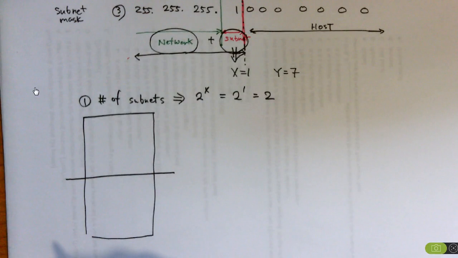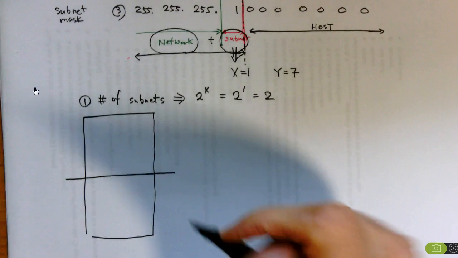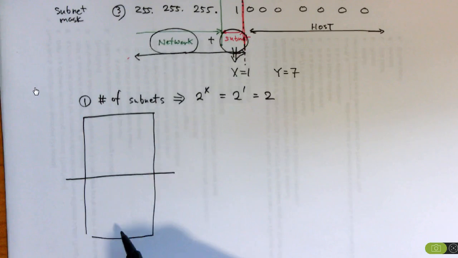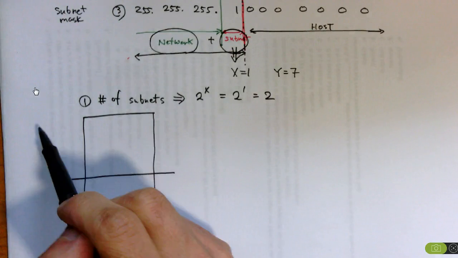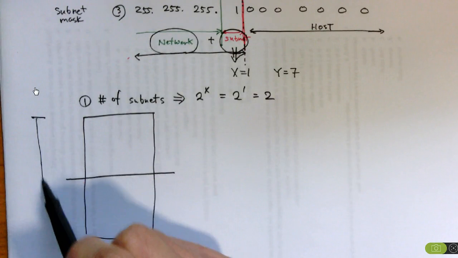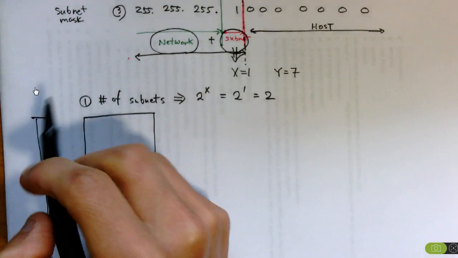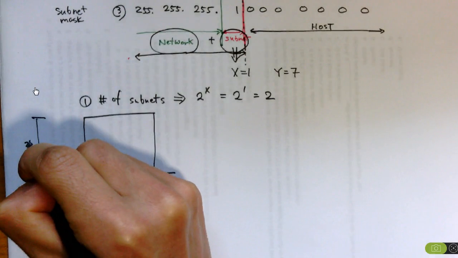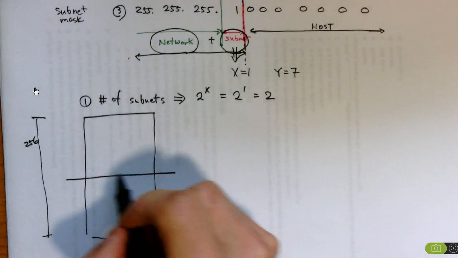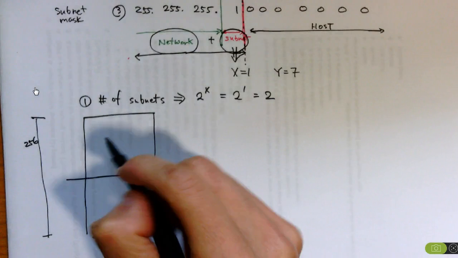Number 2. What is the number of usable host addresses per subnet? Since this is a class B, we know that the size of this big bucket, this whole address space, is 256. Since we divide by 2, we know that this is 128.